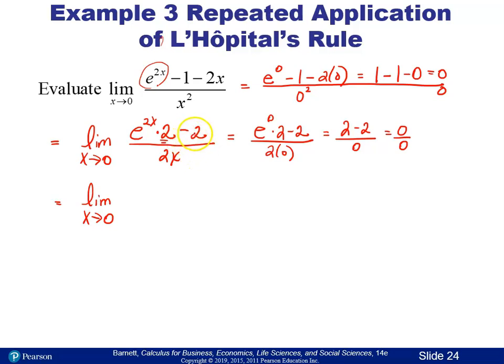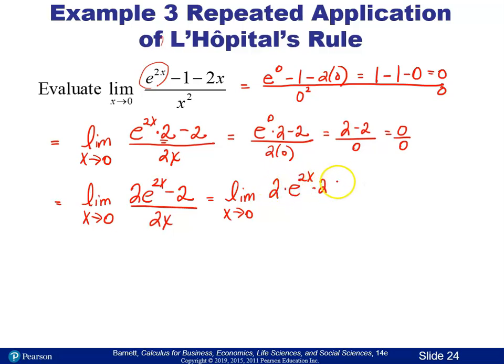Okay, so if I'm going to take the derivative again of this, I'm going to rewrite it first before I start taking derivatives. I think it would be easier. Okay, so if I'm going to take the derivative here so I can apply L'Hopital's rule, this is going to be 2 times the derivative of e to the 2x, which would be e to the 2x times 2 because I have to use that chain rule for this exponent part here.